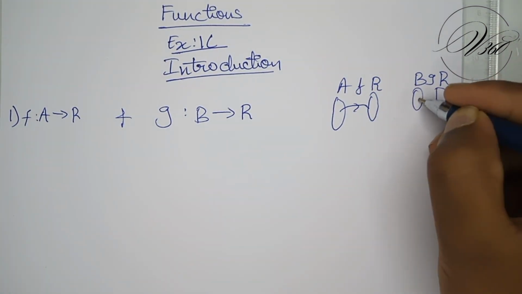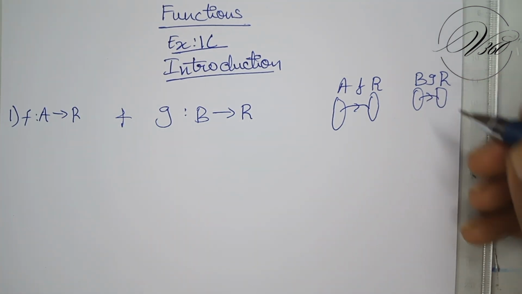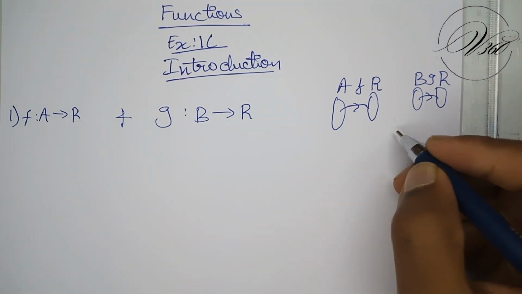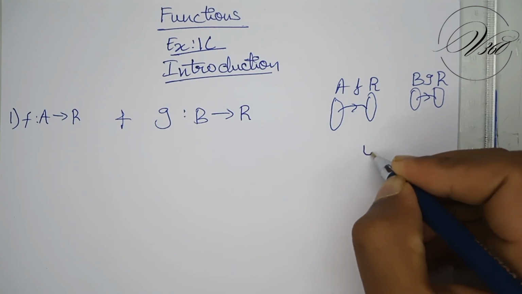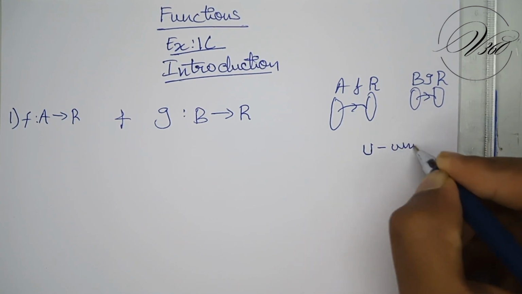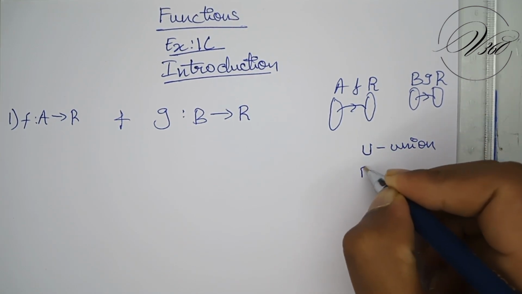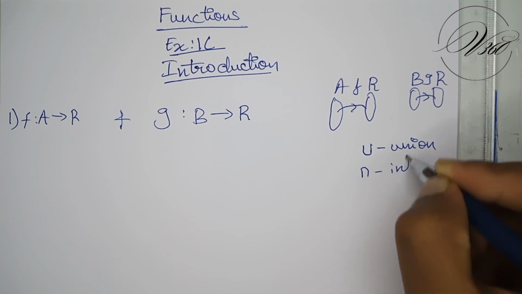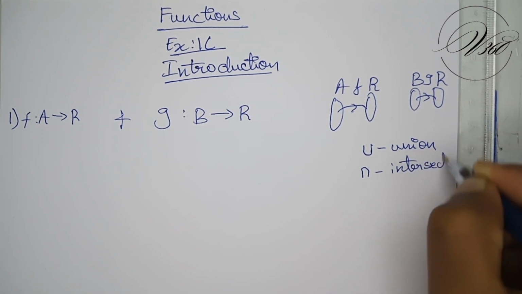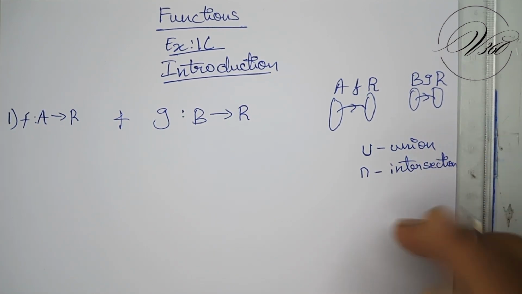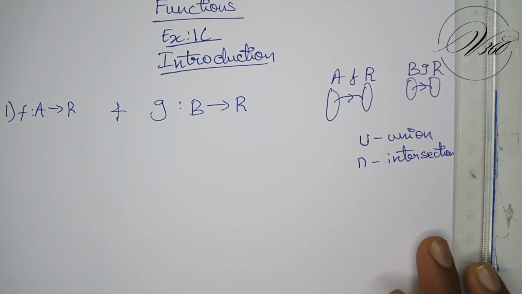Here also like this. Now one more thing, this is union and this symbol is intersection. Okay, now we will start.